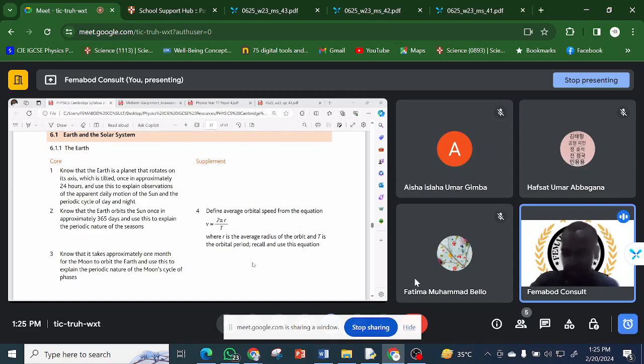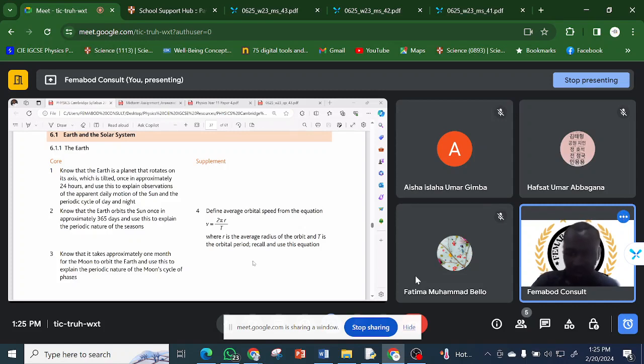If we are using the orbit of the earth around the sun, the average radius is going to be the distance of the earth's center from the sun. So if we are given the distance of the earth from the sun, that will serve as the average radius.